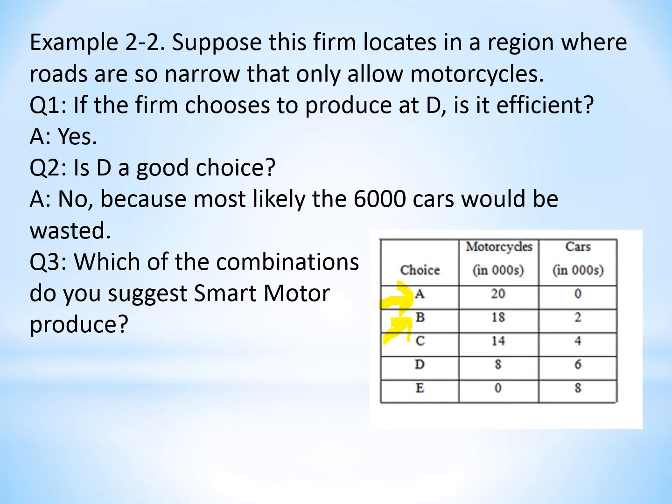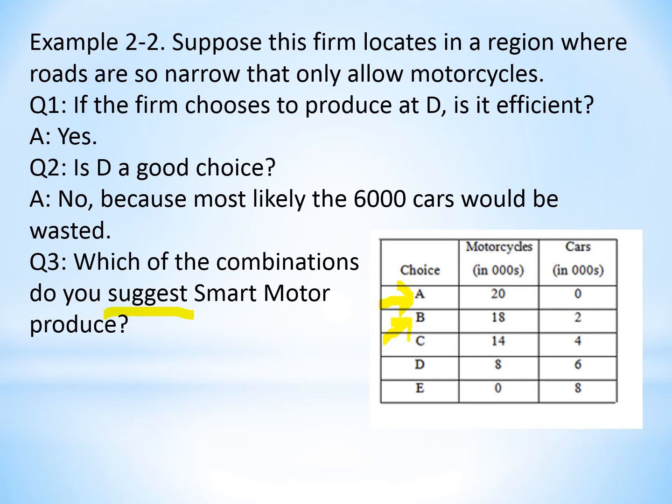Since this question asks what to suggest, it is a normative economic question, right? So this is a question that doesn't have a correct or incorrect answer. You just have to say that you choose this because you have a reason to believe it is correct.